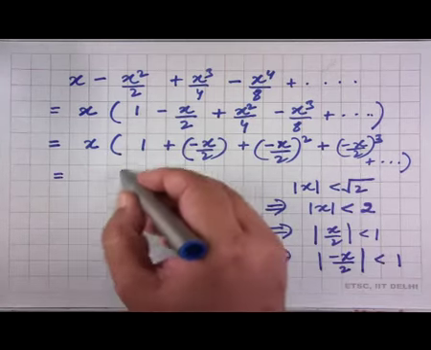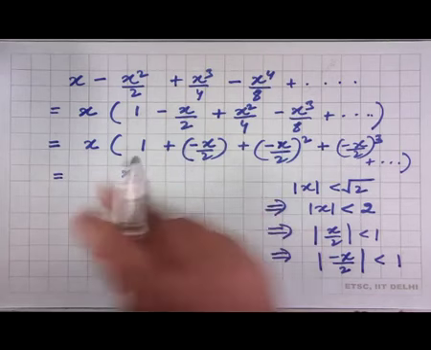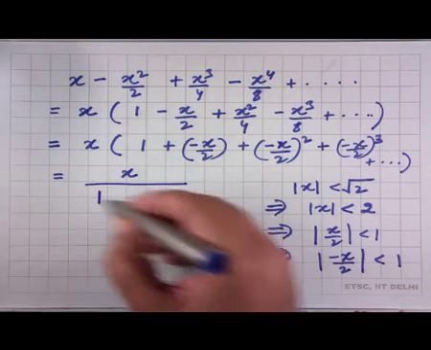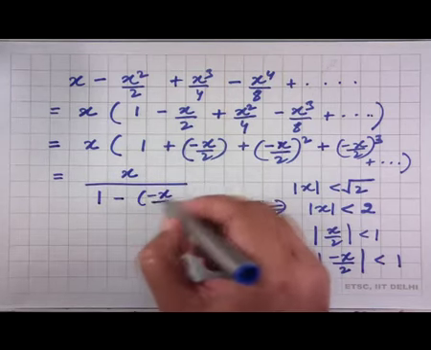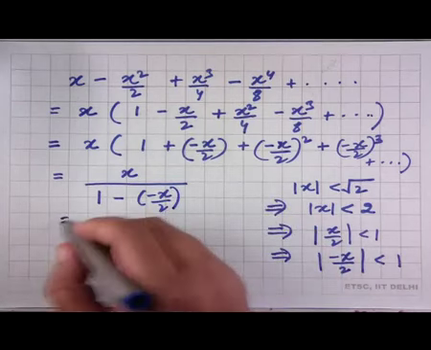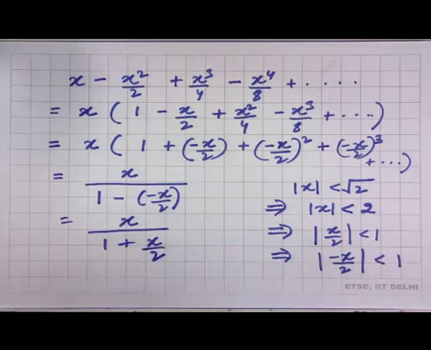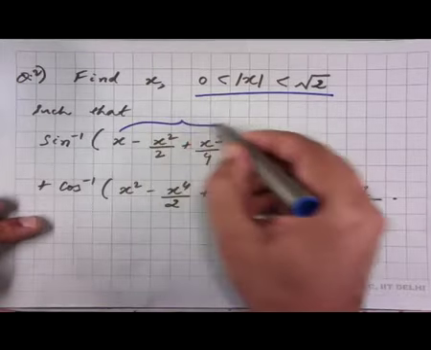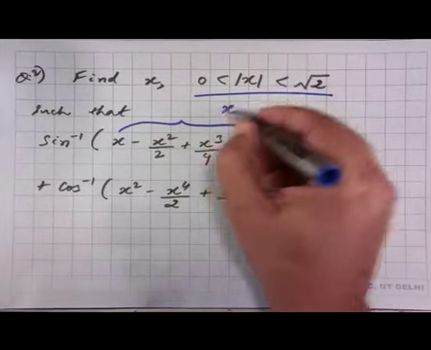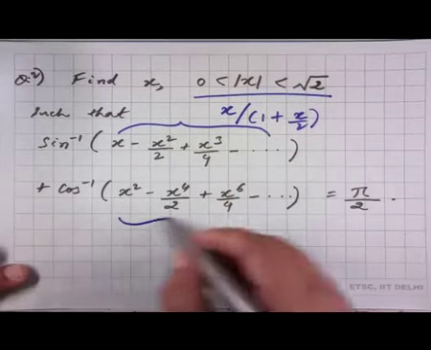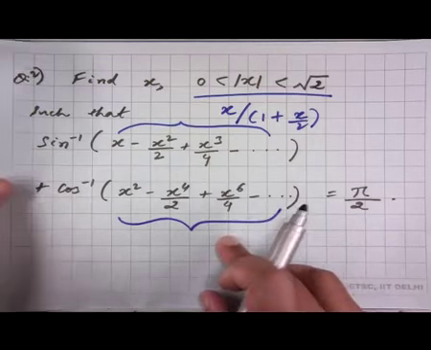We already have this x from here, and then this series is going to converge to 1 upon 1 minus minus x over 2, which is x upon 1 plus x over 2. So, now we know that this infinite series is equal to x upon 1 plus x over 2. Next we take the other series which is inside the argument of the cos inverse function.